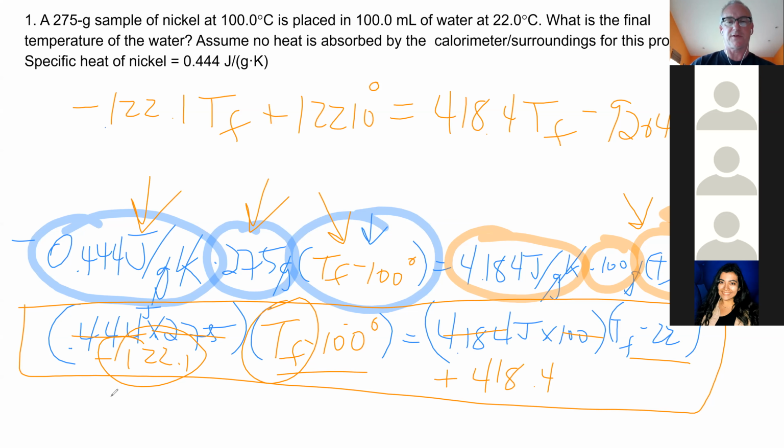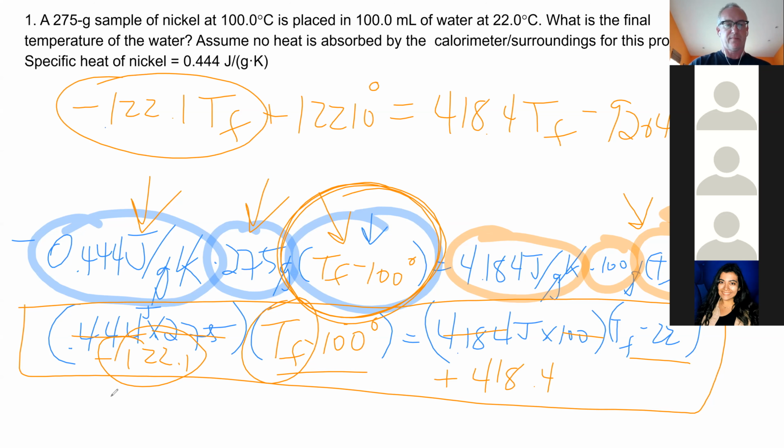And then I cross multiply my 122.1 times everything that's inside the brackets. And inside the brackets are the final temperature minus 100. So 122.1 times the final temperature, and then minus 122.1 times minus 100. And that's this. Okay?